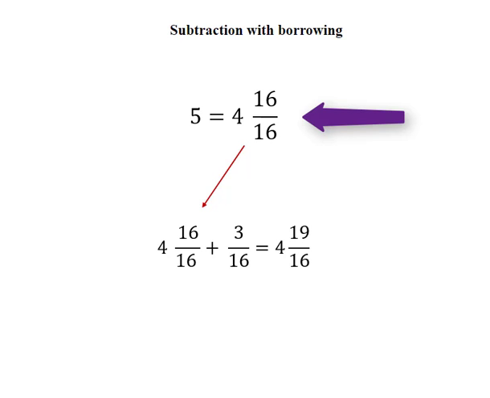You just pick the one that's most useful. In that case, it would be 16 over 16. So we take the 5, we turn it into a 4, and with that value of 1, we add 16 over 16 to 3 over 16, which leaves us with 19 over 16. And then 19 over 16 minus 10 over 16, and that will give you the answer of 4 and 9 over 16.